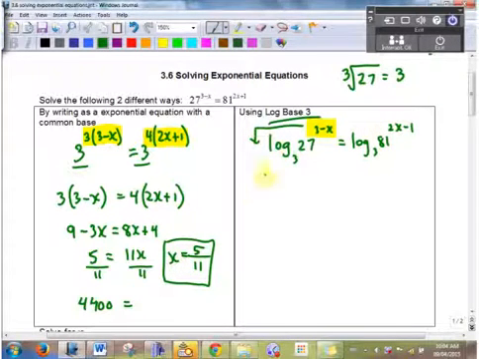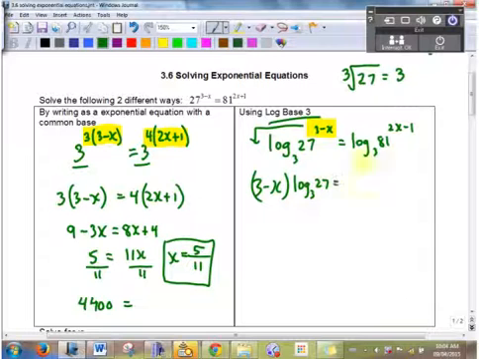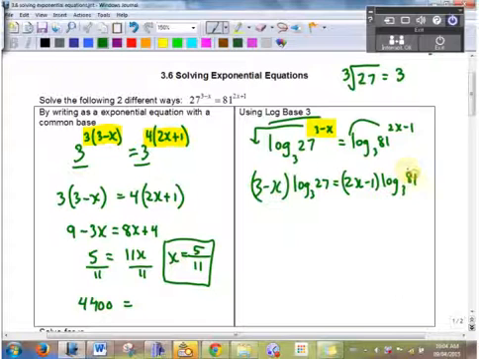So that is 3 minus x bracket log base 3 of 27 equals, this exponent's going to come out in front, 2x minus 1 times log base 3 of 81. And why did I want to use log base 3? Because I know log base 3 of 27 is what?